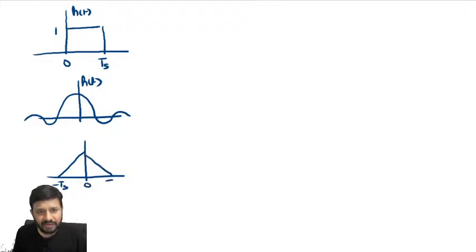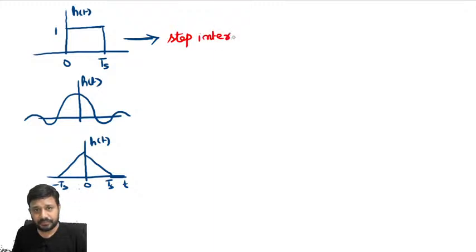Based on the requirement, you can have different interpolating functions, meaning the impulse response can be of this shape also. If your impulse response is of rectangular pulse shape, it is known as step interpolation. Step interpolation means your impulse response is taking the shape of a rectangular pulse.